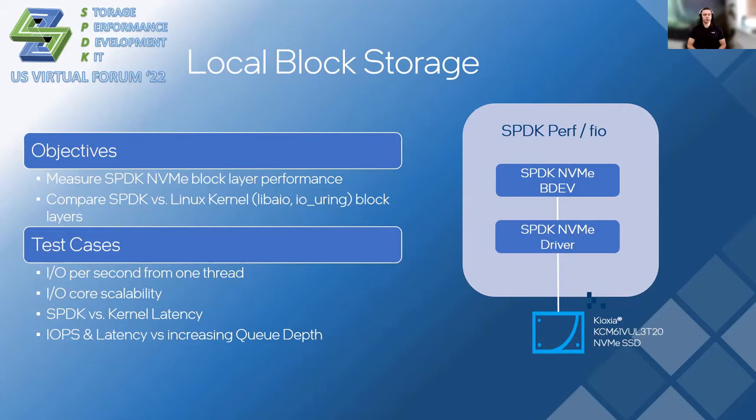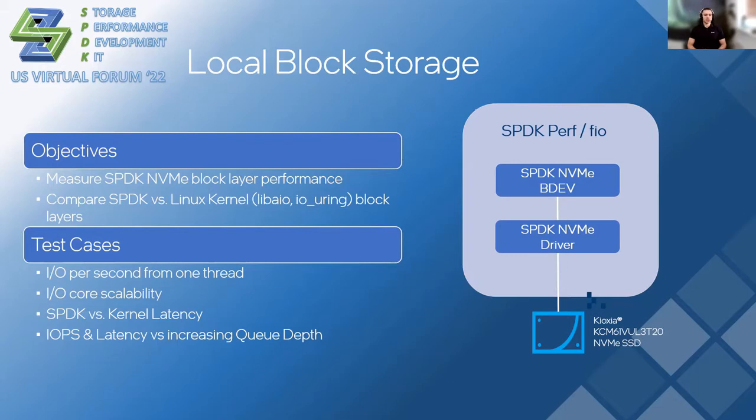We configure the benchmark tool to use SPDK NVMe block devices. And in the first test case, we run a small block workload with high queue depth and measure the maximum number of IOPS that we can get using a single CPU core.